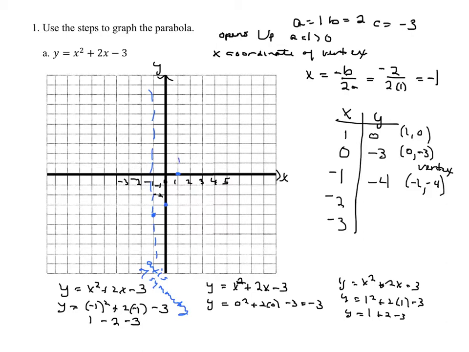So if I connect these points, then the other side has to be here, because that's my mirror image, and here. Neat?